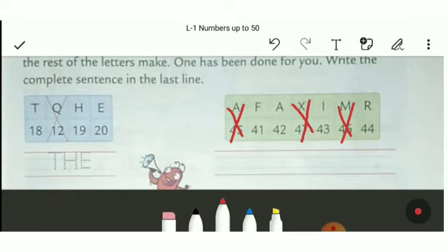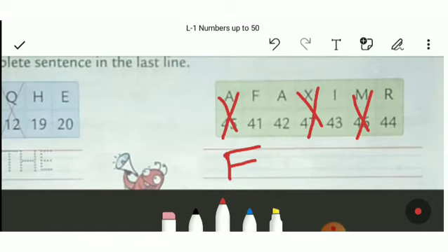We have to make a word from it. So on 41 F is given, on 42 A is given, on 43 I is given, and on 44 R is given. So we get the word FAIR, fair.